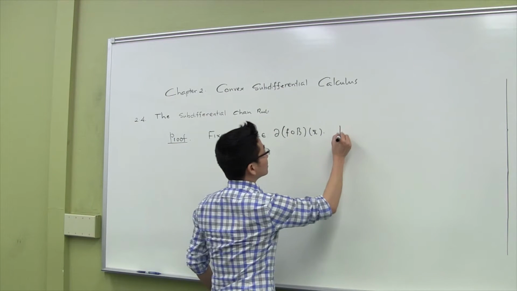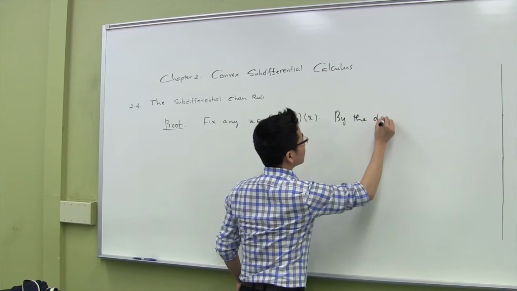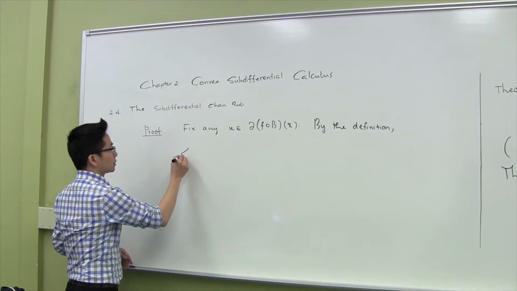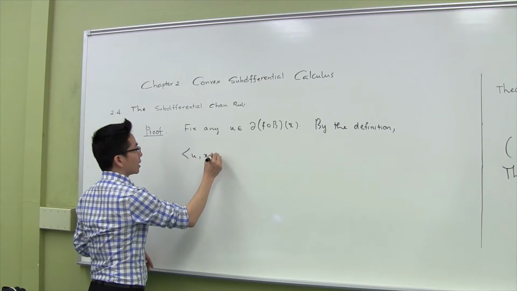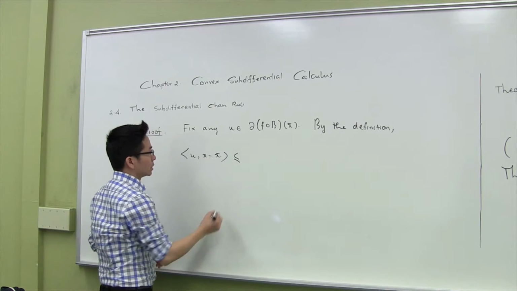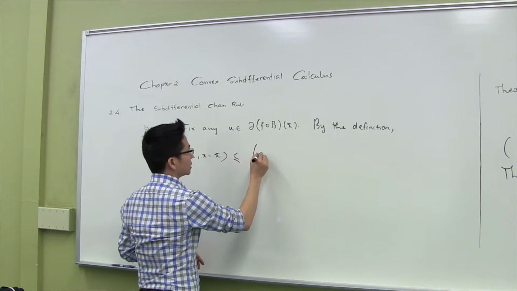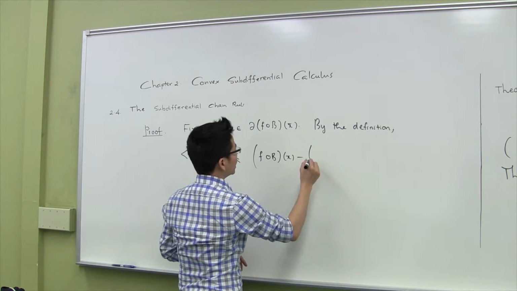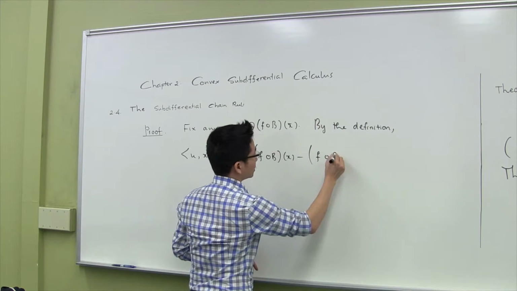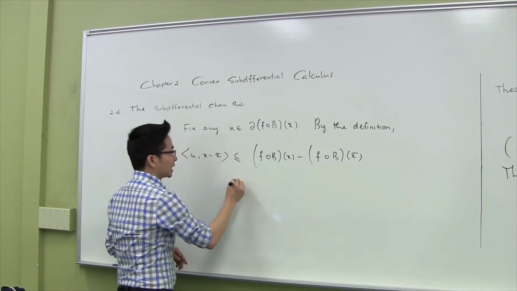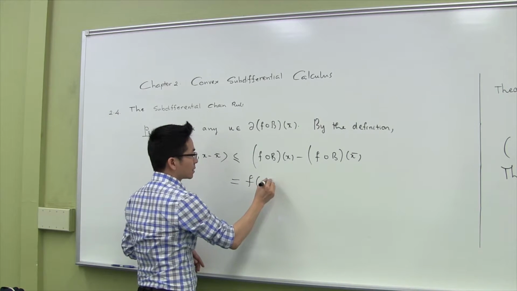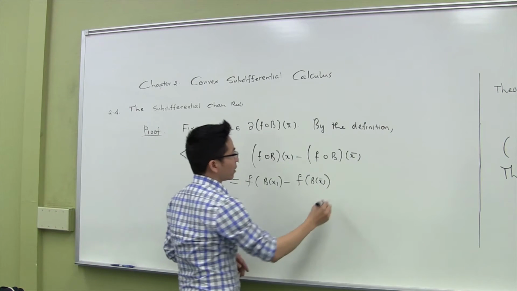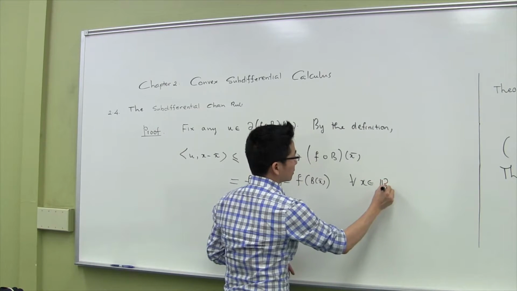Now, by the definition, the inner product of u and x minus x bar is always less than or equal to the composition of f and b of x minus the composition of f and b of x bar, which is the same as f of b of x minus f of b of x bar, and this is true for all x in R^n.